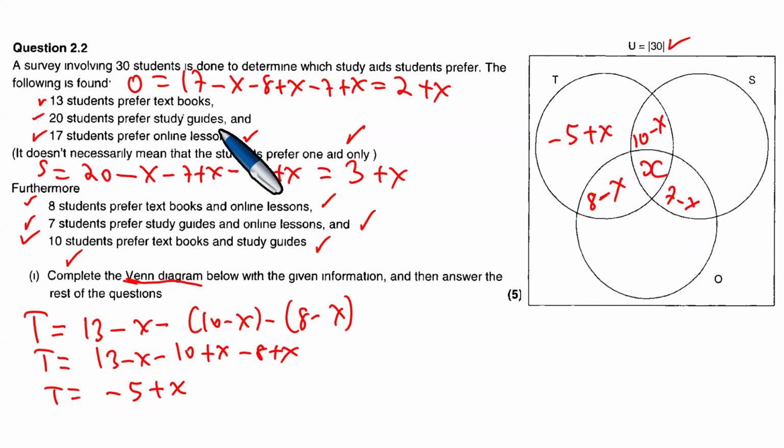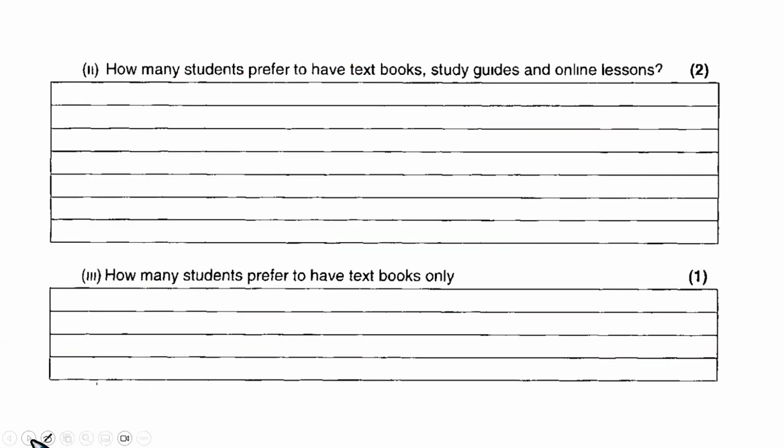For the study guides, we have 3 plus X. And for the online classes, we also have 2 plus X. With this, we need to add every single bit.